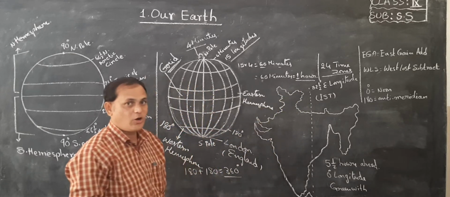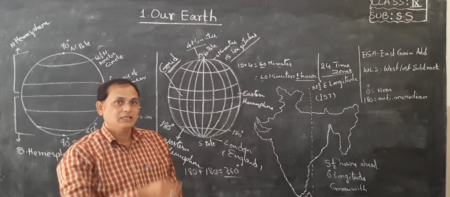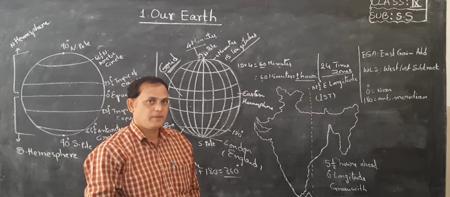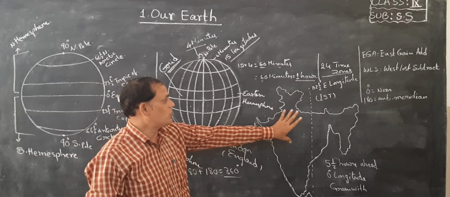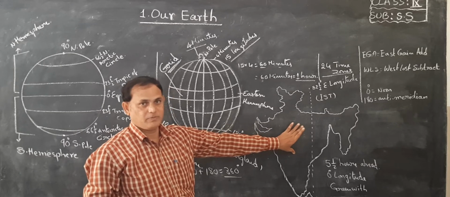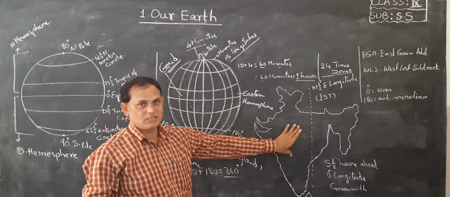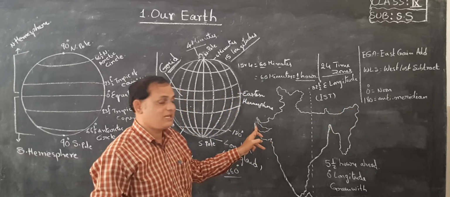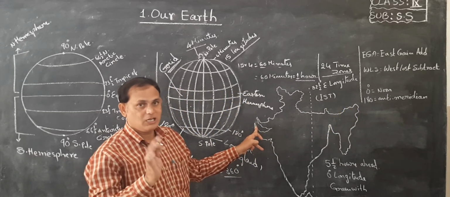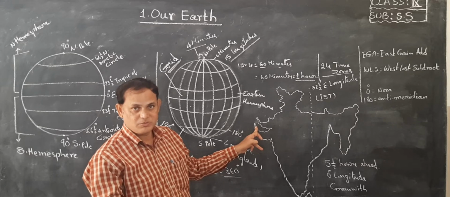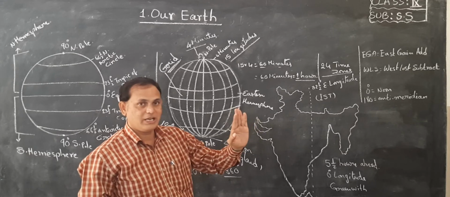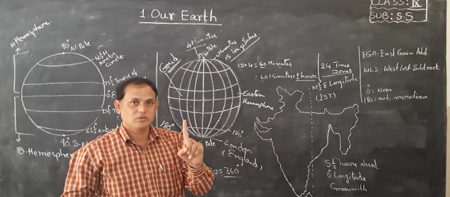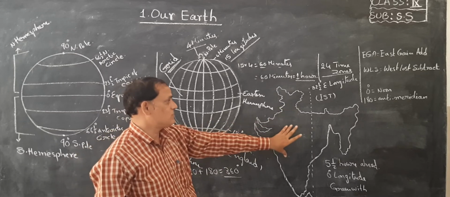That means 2 time zones are there in our country. From Arunachal Pradesh to Gujarat, 30 longitudes are passing, and every 15 longitudes is one time zone. So that means 2 time zones are there.